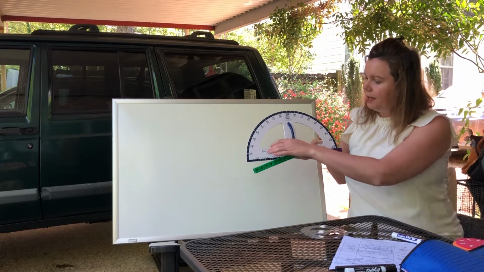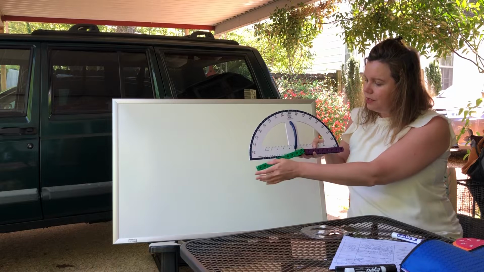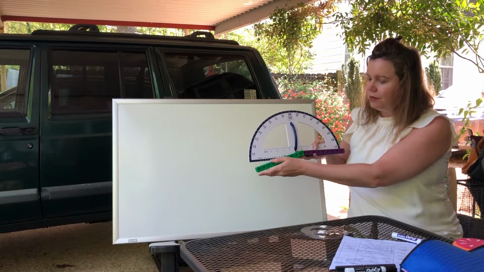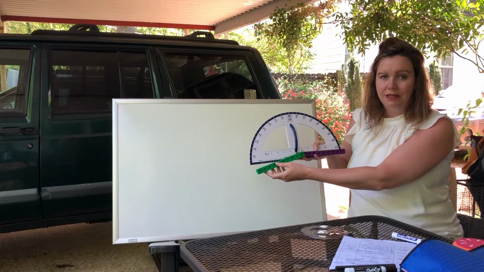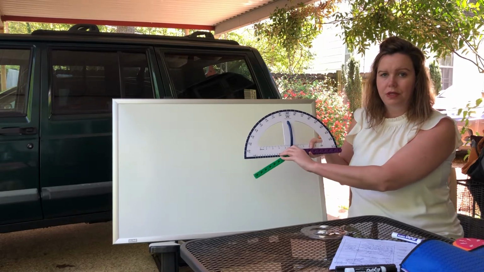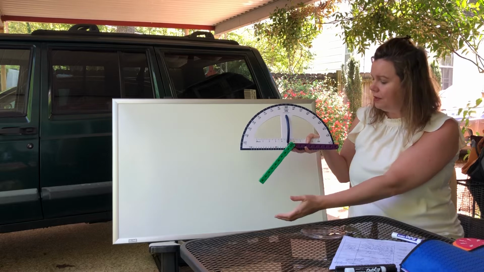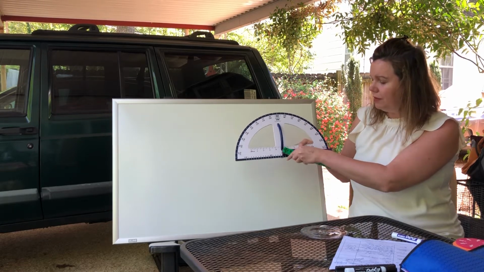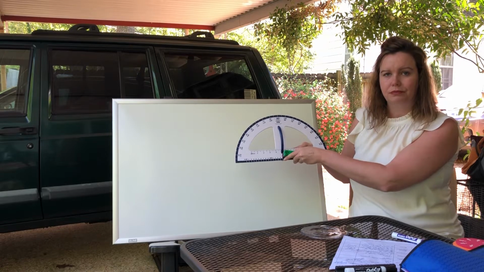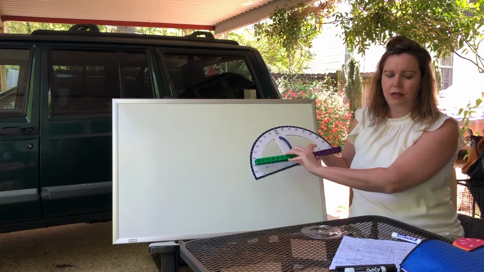And so if I look at the amount, it's about an inch for each. That would be like maybe 190, 200. And as I go around and make my reflex angles, I'm going to come all the way back around to 360. So that's how you would measure that.